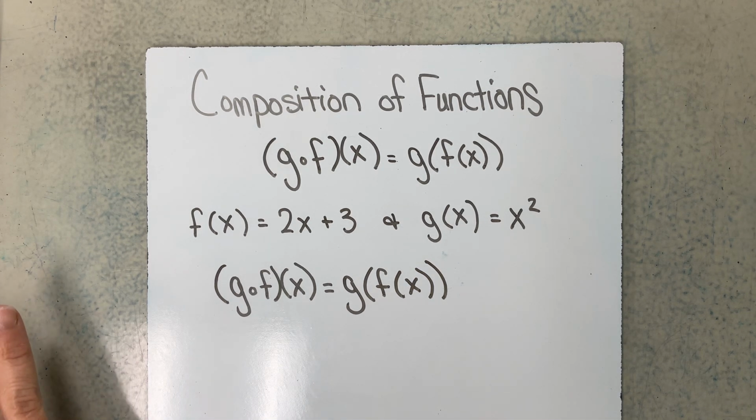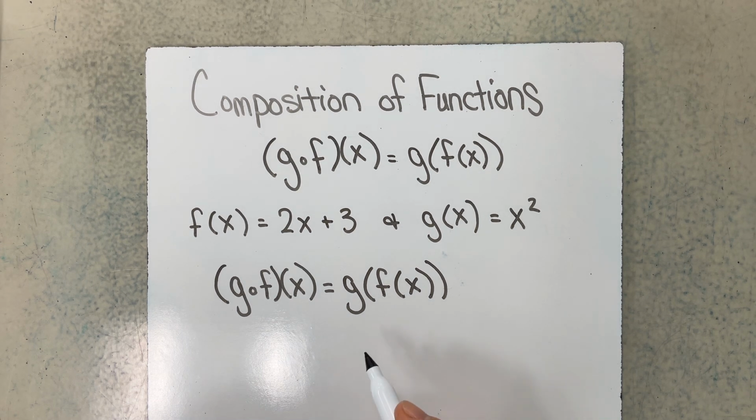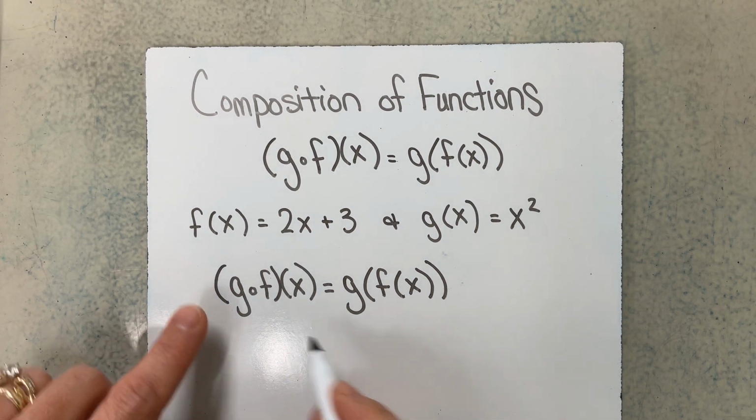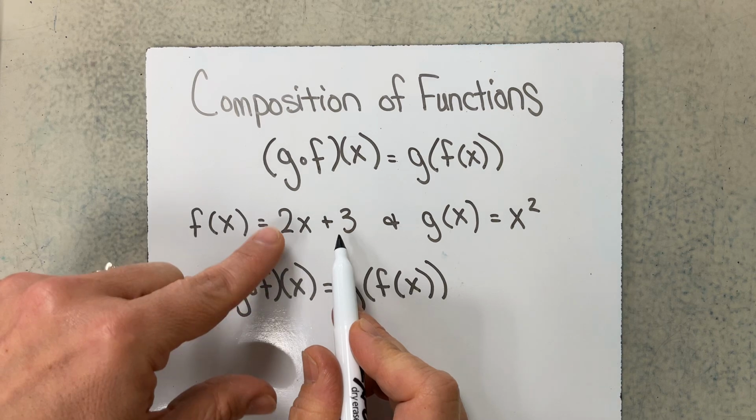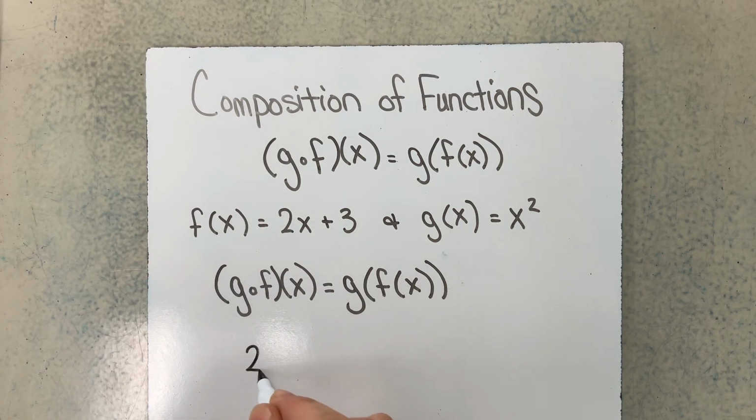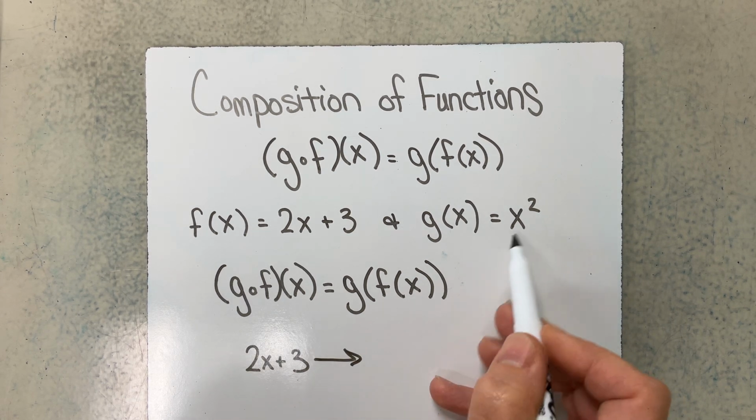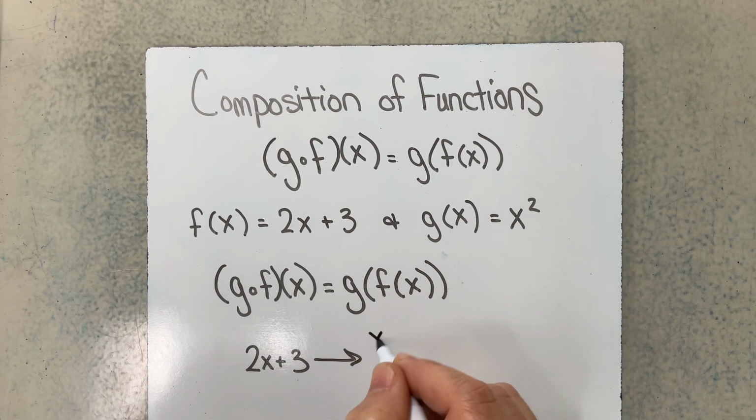What that's going to look like is we are going to take our f of x, which is 2x plus 3, and we're going to put it inside of this x squared.